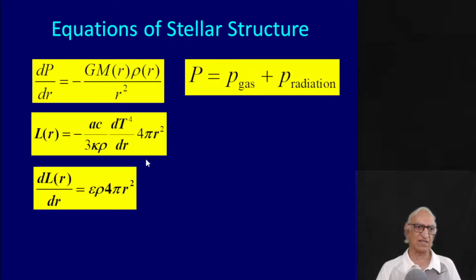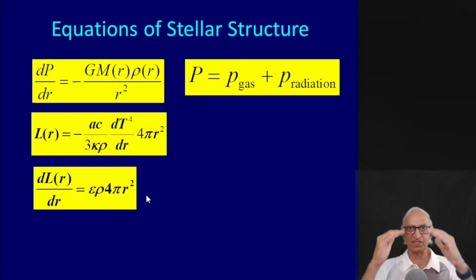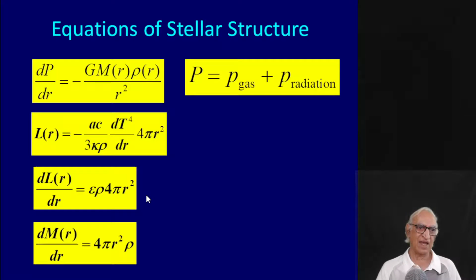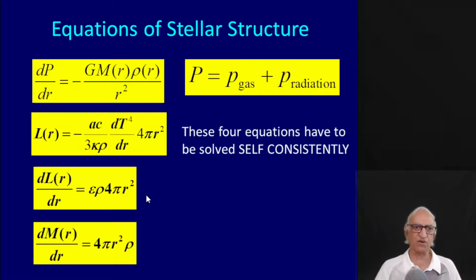And third is the equation for thermal equilibrium. Luminosity is compensated by the energy generated per unit time, and the mass equation. So there are 4 equations. Therefore, to solve for a model of the star, you have to integrate these 4 equations, solve them in a self-consistent manner. So that's not a trivial job, but it can be done.